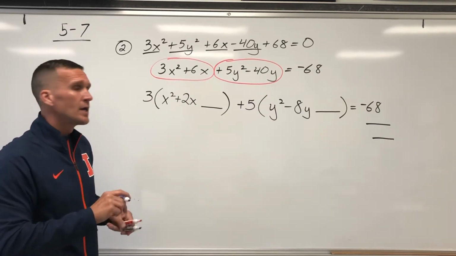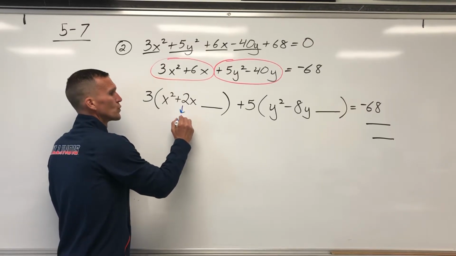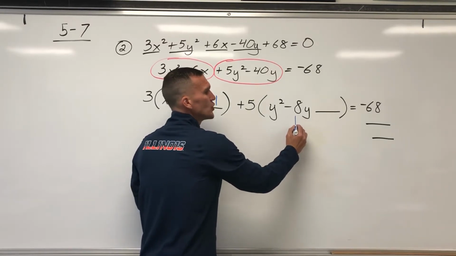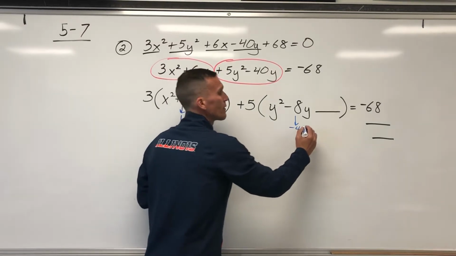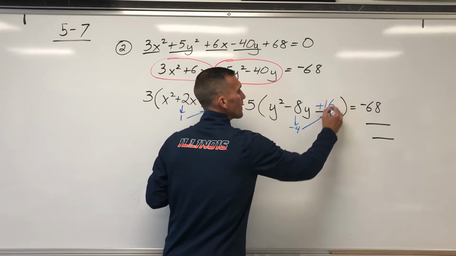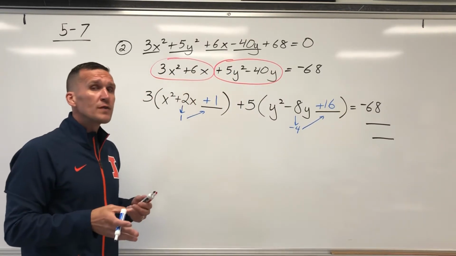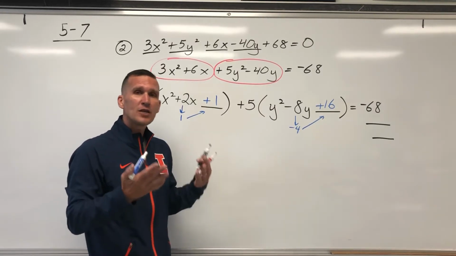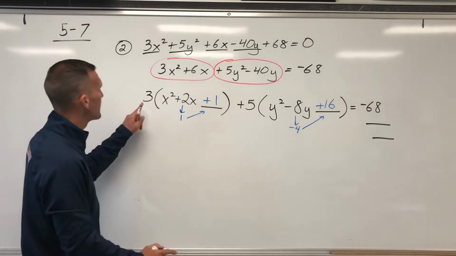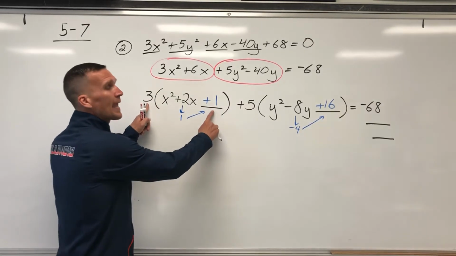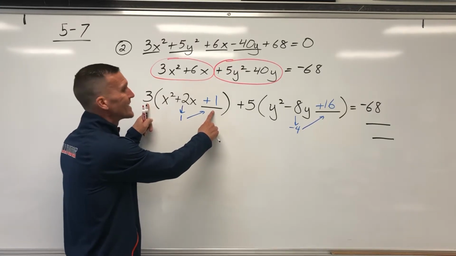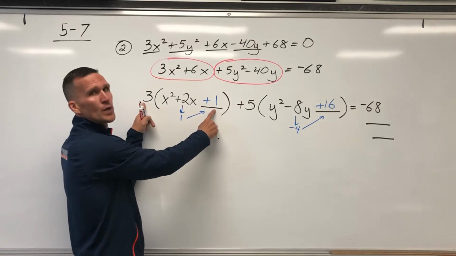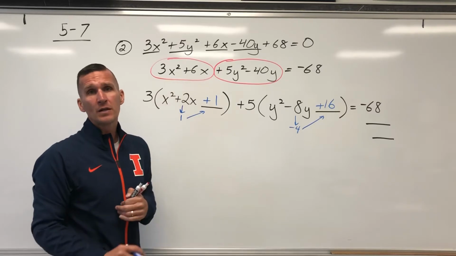All right, so I divide by 2 and I square it. I divide by 2 and I square it. But if you remember when we completed the square in previous chapters, when there's factoring involved, you have to make sure that you multiply the number in the front and your blank spot for what you really did. I did not add 1 to the left side. It's 3 times 1. I added 3 to the left side.